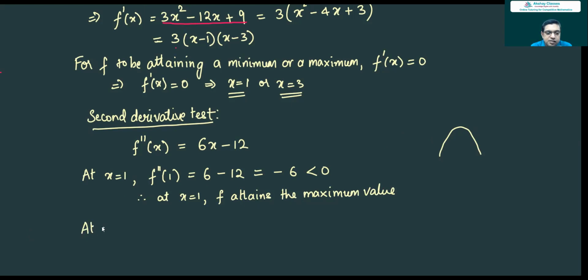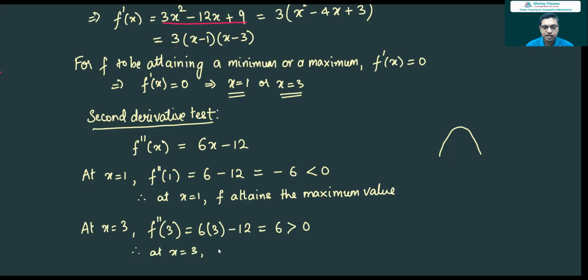Now at x equal to 3, the second derivative will be 6 into 3 minus 12, that is 18 minus 12, which is plus 6. It is positive. Therefore, at x equal to 3, f attains the minimum value.